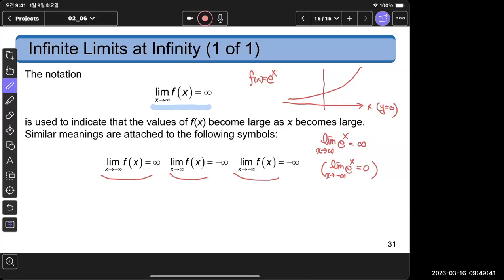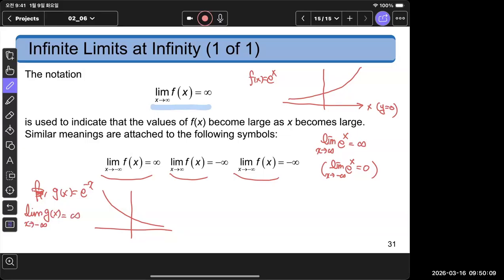So, for example, if I consider g of x equal to e to the negative x, then we have this opposite situation. In the case of g of x, the limit of g of x as x approaches negative infinity will be infinity.